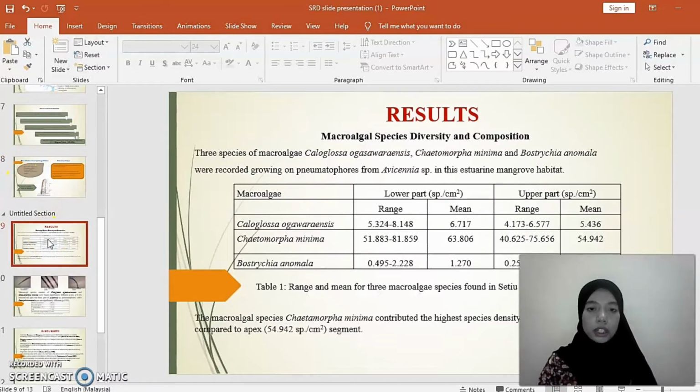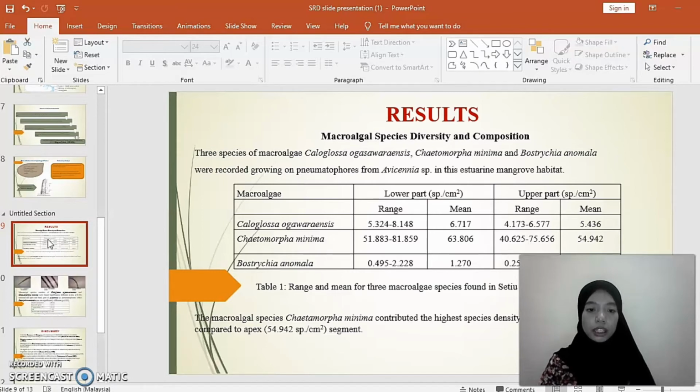Result: the macroalgae species diversity and composition. Three species of macroalgae, Caloglossa agassizowarensis, Chaetomorpha minima, and Bostrychia anomala, were recorded growing on pneumatophores from Avicennia in this estuarine mangrove habitat.